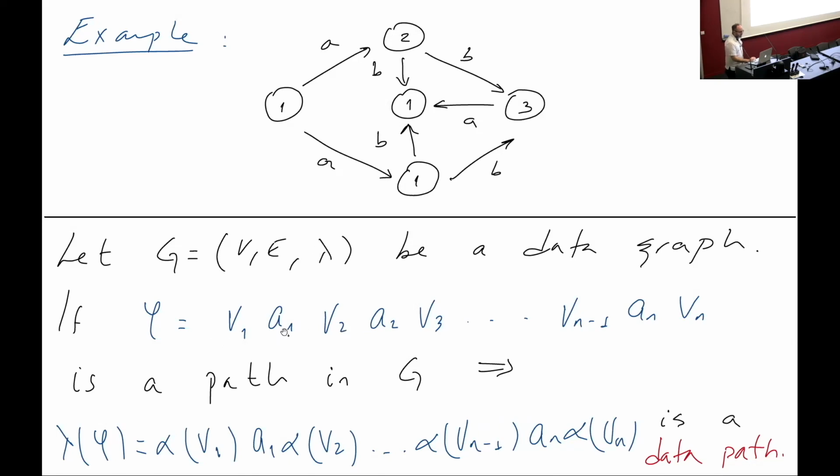So if this is a path here, and a1, a2, a1 is the label of this path, in this case we will be interested in the data path. The data path will be the following: for each node, it will replace the node with its data value, the natural number that labels this node, and then it will be followed by the label, then the data value, and so on.